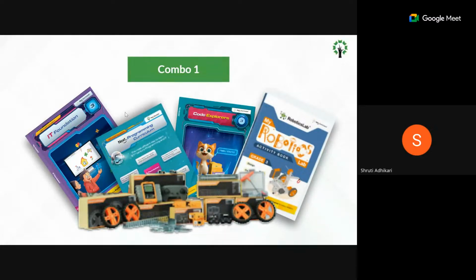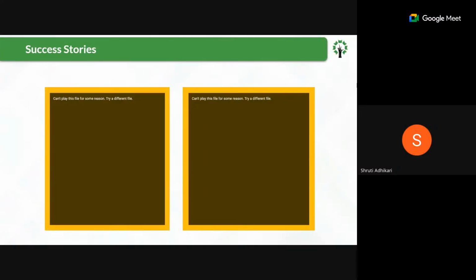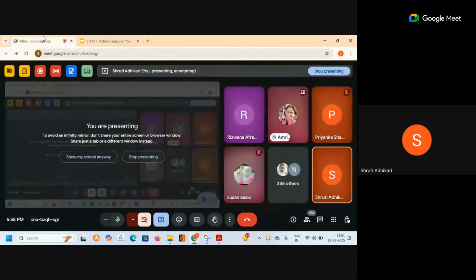So it has a computer science curriculum with a coding booklet and a robotics activity booklet. That's combo 1, where the computer science book is IT Foundation. For combo 2, the computer science book is Computer Science Foundation. So these are all the products which we are offering.